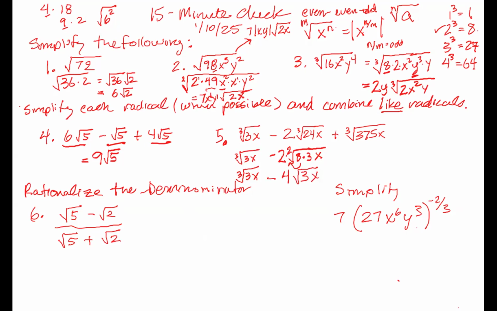375, that's a pretty big one. If I look through my list here, 8 doesn't go into that. It's odd, so we know that. 27 doesn't go, 64 doesn't go. But 125, which is 5 cubed, does. 125 times 3 gives me 375.